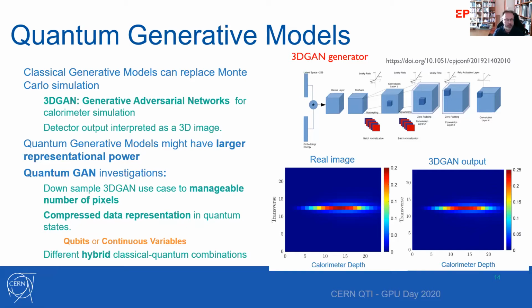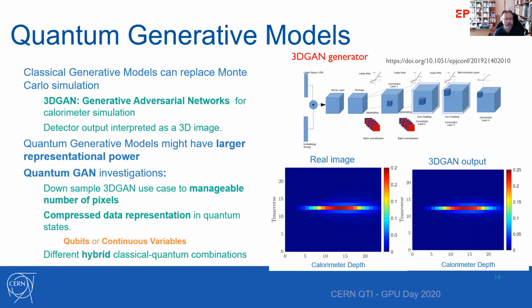It is not production level, but it is very promising, and it is possible to show that at least under simplified conditions, these generative models have the same precision as Monte Carlo models with much better performance and scalability properties. So it is the same for quantum generative models.